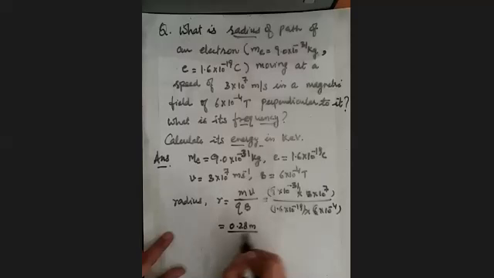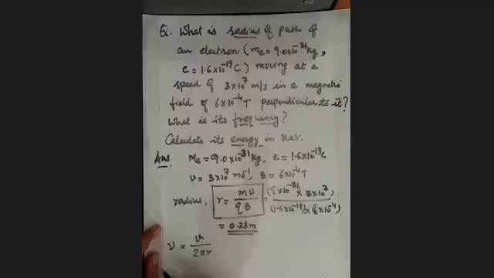Just have to remember this. The frequency at any time is given by v divided by 2πr.